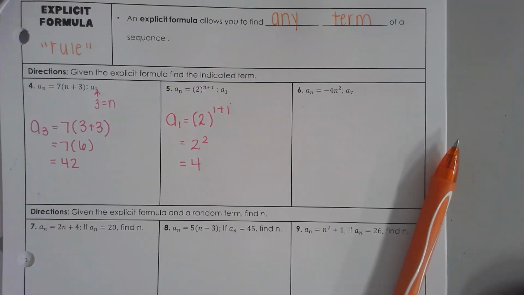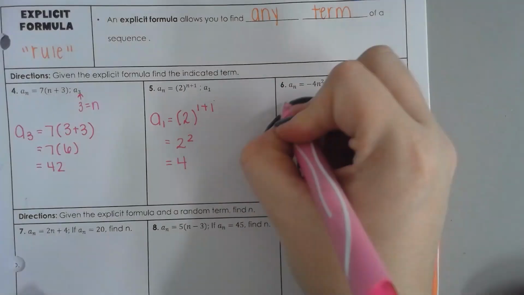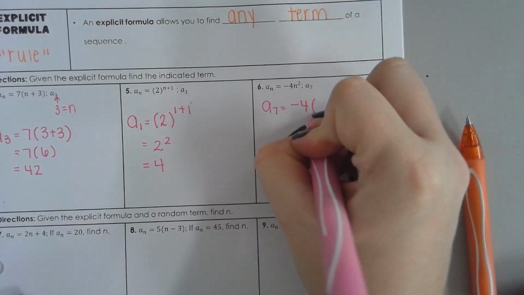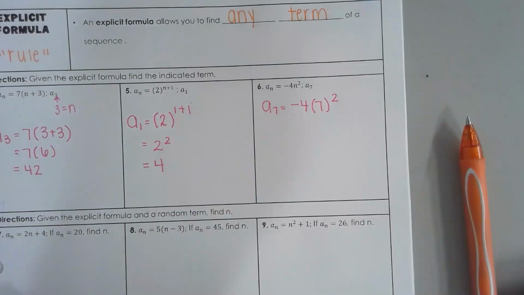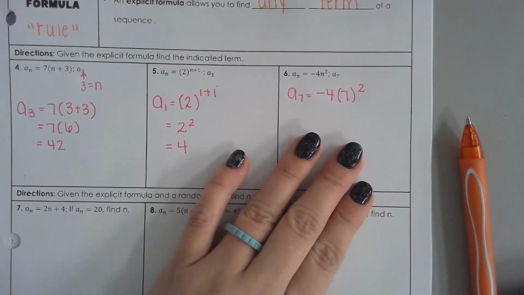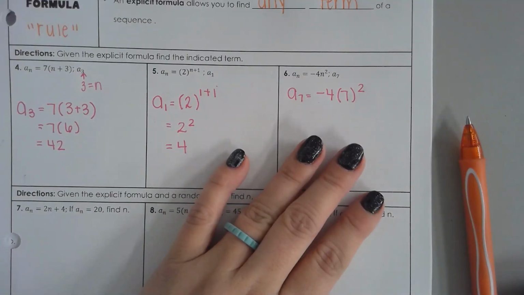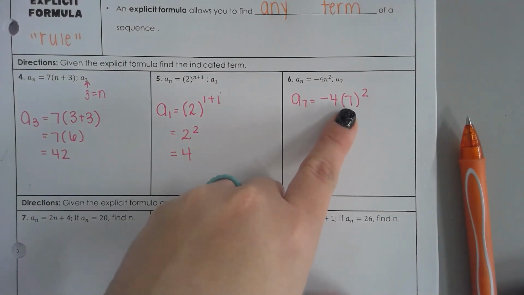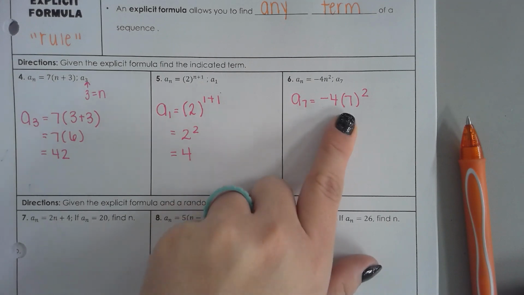All right, number 6, we're finding a7. So we have negative 4 times 7 squared. I'm going to bet a lot of you made a mistake. That is very common. You did negative 4 times 7 and got negative 28, and then you squared that.